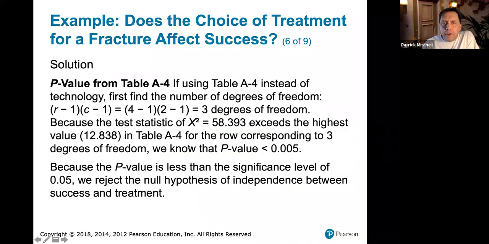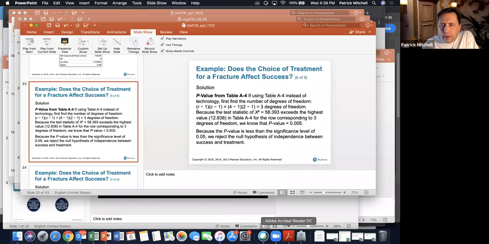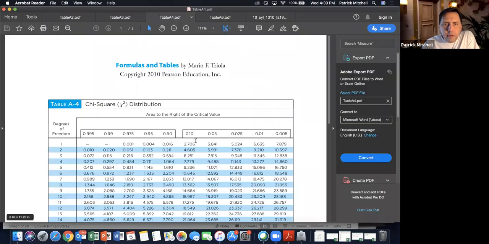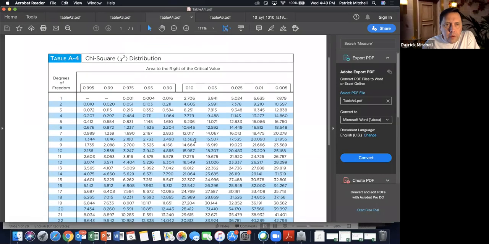Okay, if you're using table A4, first find the number of degrees of freedom, which we have to do to use our website anyway. So again, 3 degrees of freedom. And let's look at table A4 here real quick. So here's table A4. If I go to the 3 degrees of freedom row, the largest chi-square value in this row is 12.838.